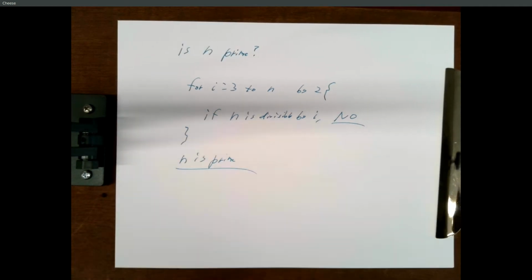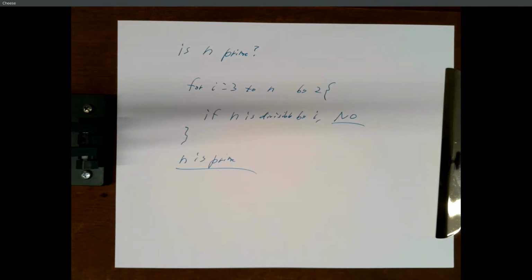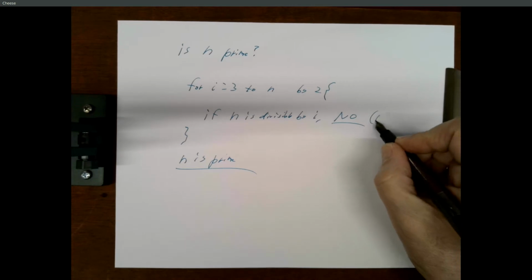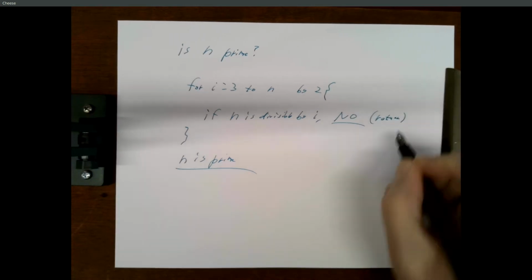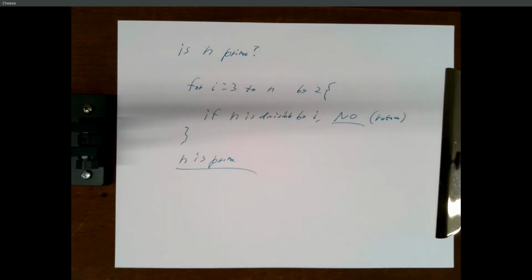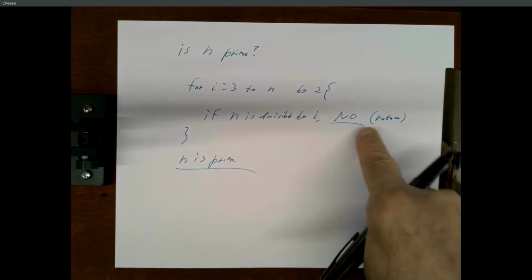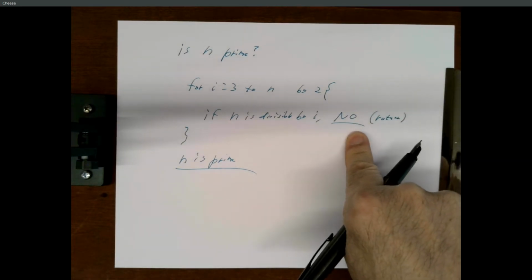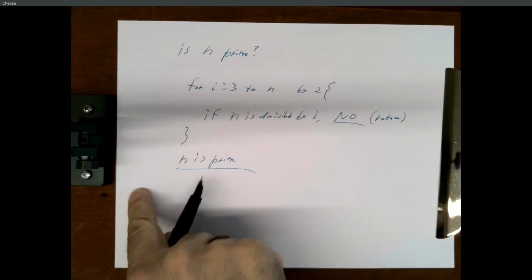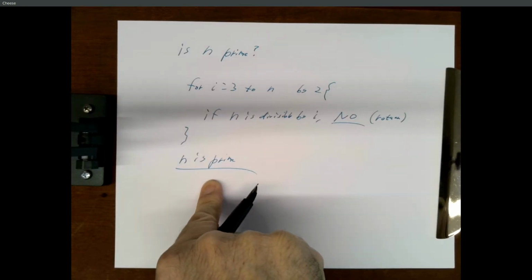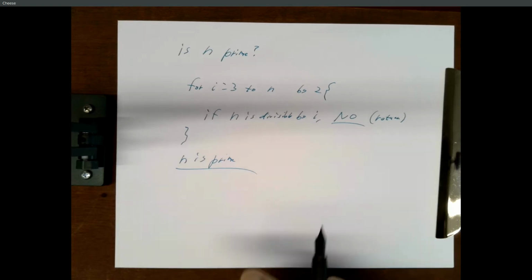If you come all the way through this loop and you never decided n was not prime, then it is prime. So as soon as you find a divisor, just return. Don't set a flag and keep looping. You only need to know if there's at least one divisor. So if you find a divisor, just return a 0 right then, say it's not prime. If you get all the way through the loop, it is prime, return a 1, or whatever you're returning.